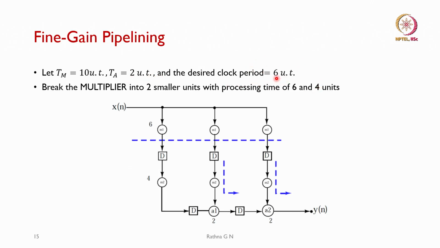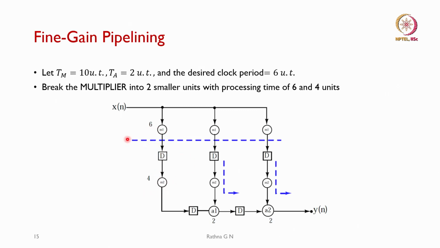So, how can we achieve this, because the multiplier takes 10 units plus 2 units will be my longest path in the broadcast section, but my clock period has to be 6 units. Then what we do is we can bifurcate our multiplier into 2 smaller units with processing time of 6 and 4 units. So, one multiplier M1 is going to take 6 units, and then M2 will take 4 units.